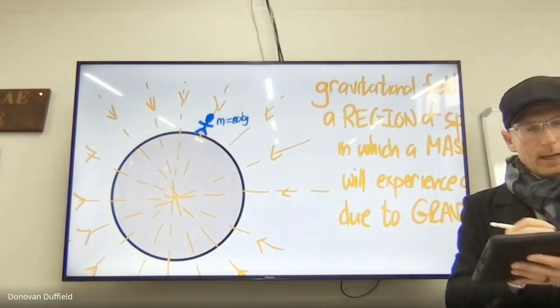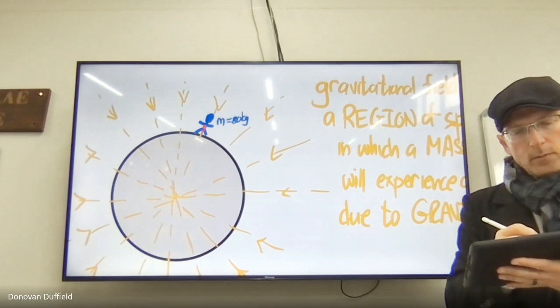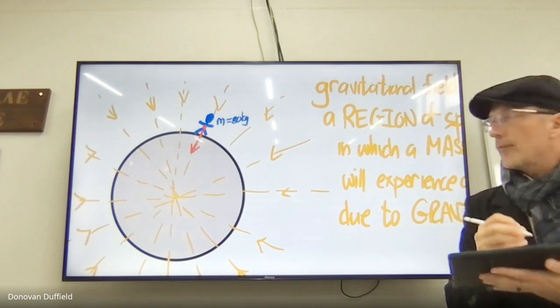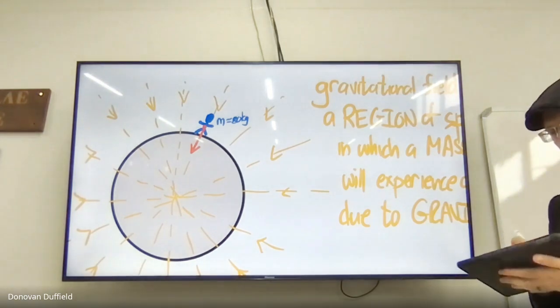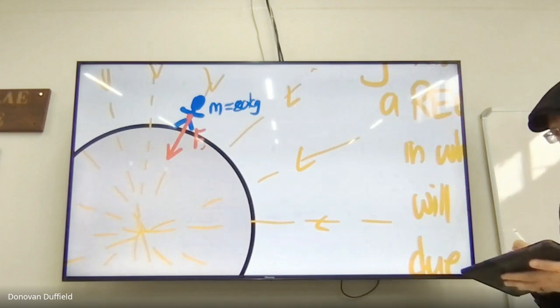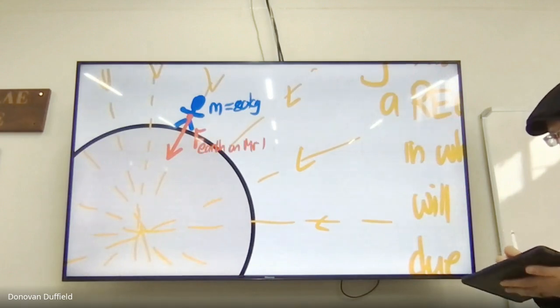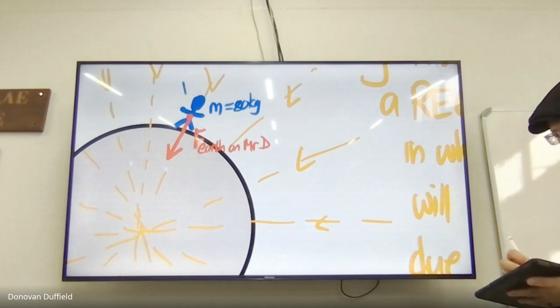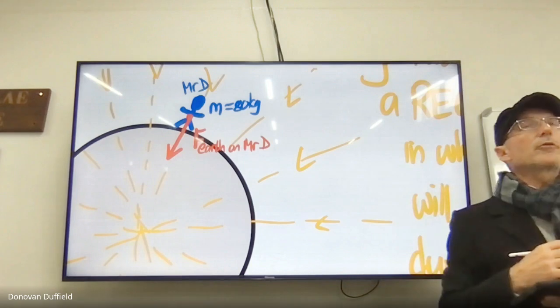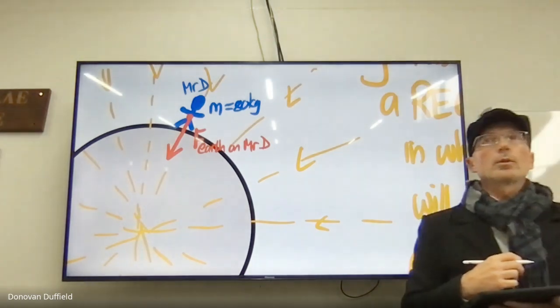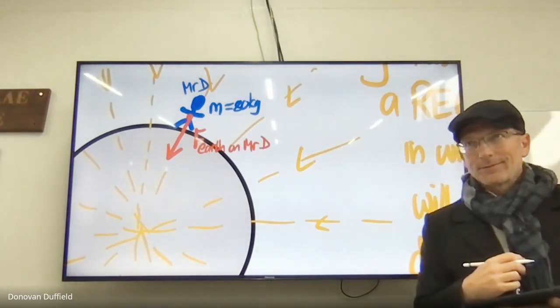But by being in the gravitational field of the Earth, I experience the force of the Earth on Mr. D. Now, in grade 8, we gave that force a name. We called it weight.